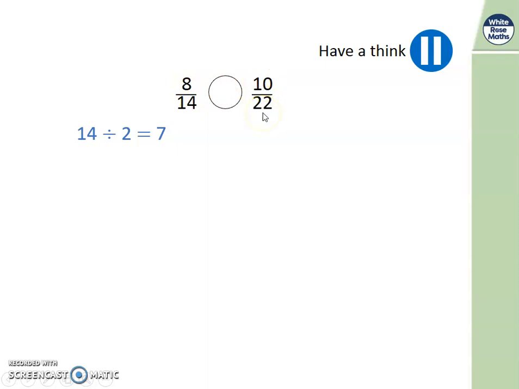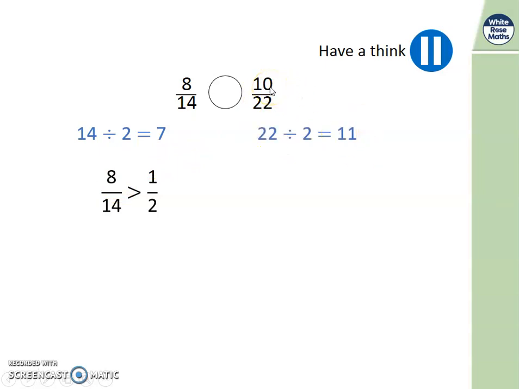8/14 and 10/22. Here, what would half of 14 be? 7. So 7/14 would be a half. Well, this is more than a half, isn't it? Because it's more than 7/14. What about on this side? Half of 22 would be 11.